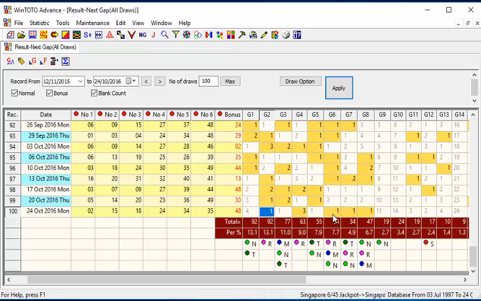Most of the time, it goes a little above gap 6. The most recent one is gap 4, which has 3 numbers appearing. That means those numbers that appeared 4 draws ago have 3 numbers appearing. This is a little bit different. I think the data has shown us that there could be some changes going on, so the trend we have to monitor. But importantly, this table gives us a very good understanding of what's actually going on.